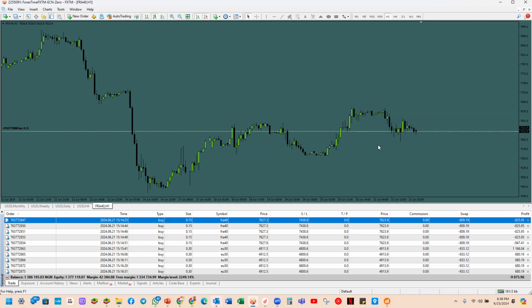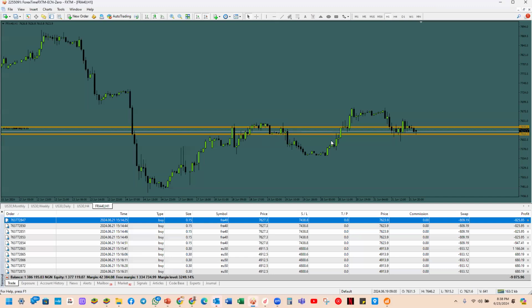Now, also to clarify, you can see that where the market is right now is a previous resistance that is now becoming a support. This is a resistance level, and now this resistance level can be seen as a support. Now when the market pulls out, you see this candlestick, this is a bullish engulfing candlestick.